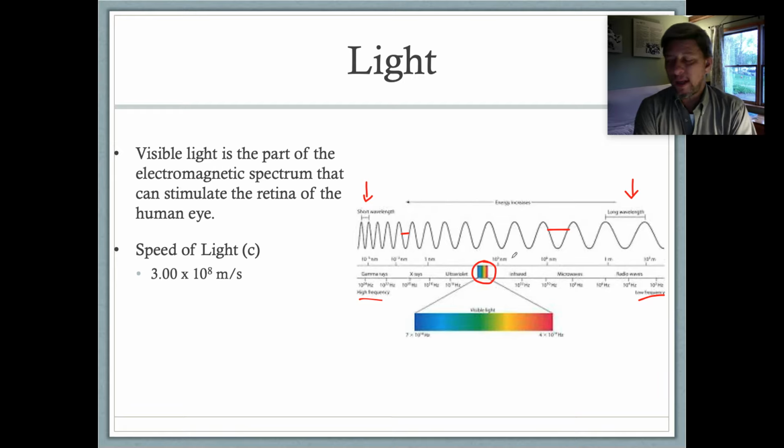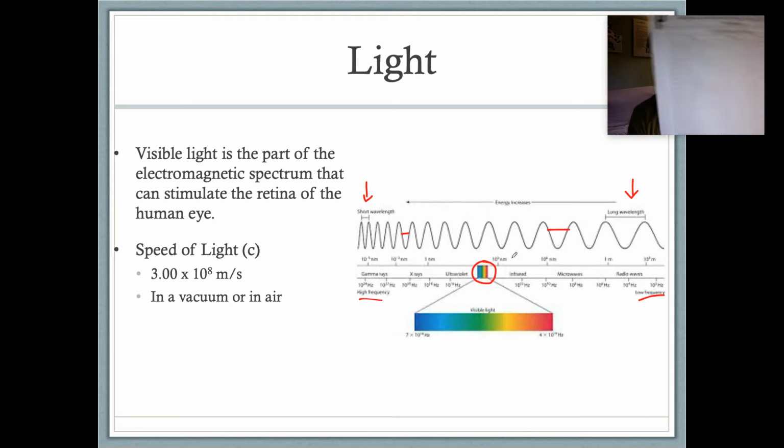However, one thing that we can't argue about is that the speed of light is 3.00 times 10 to the 8th meters per second. That's darned fast. And this is technically the speed of light in a vacuum, but air has such little density that it doesn't really change in air either.